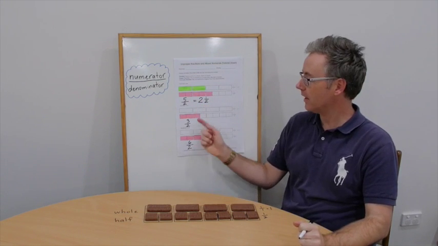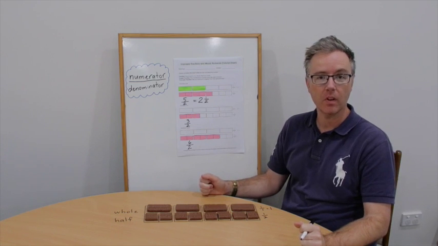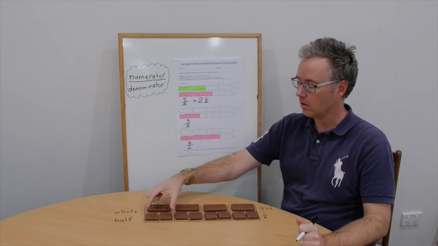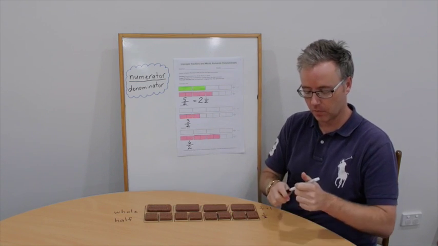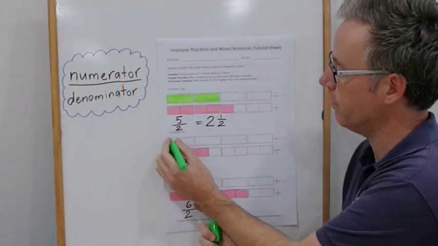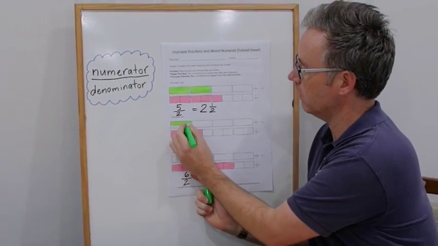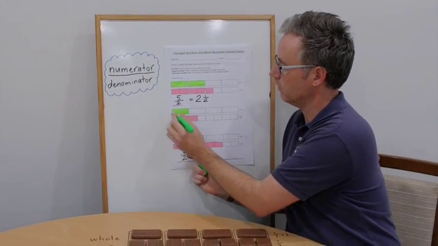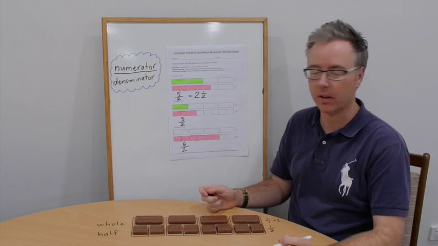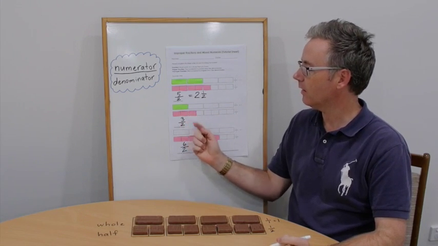Let's try the next example down here. 3 halves. 1, 2, 3. 2 halves is a whole. Let's highlight this whole here. And we have the half left over. 1 and a half.